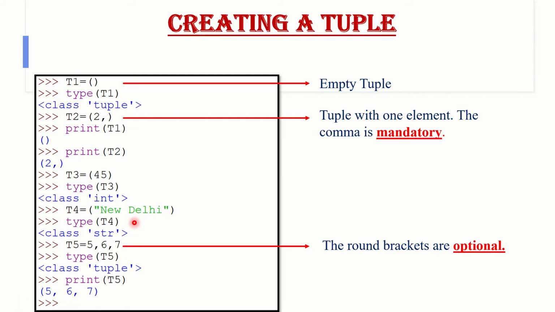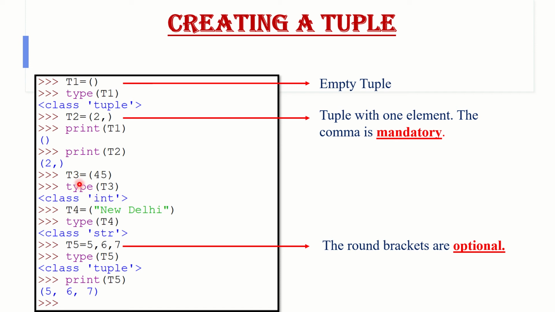How can you create a tuple? You can create an empty tuple by just giving the round brackets. And if you want to create a tuple containing just one element, you can just give the element and the comma within round brackets. The comma is mandatory. If I do not give the comma and I just give the value and surround it with round brackets, this will be taken as an integer.